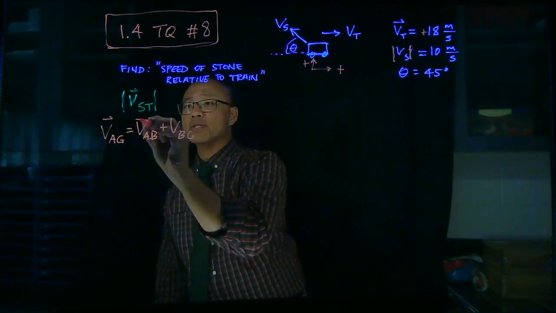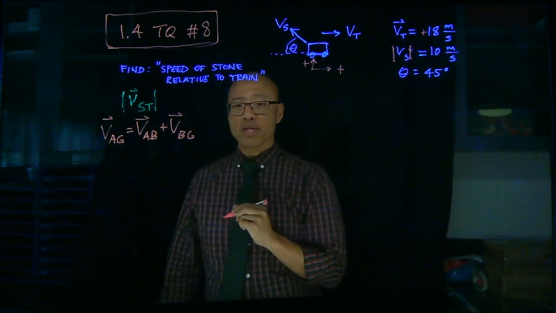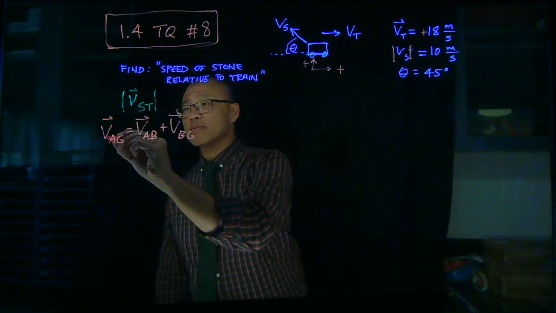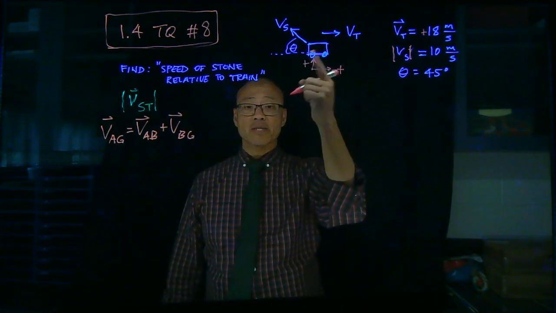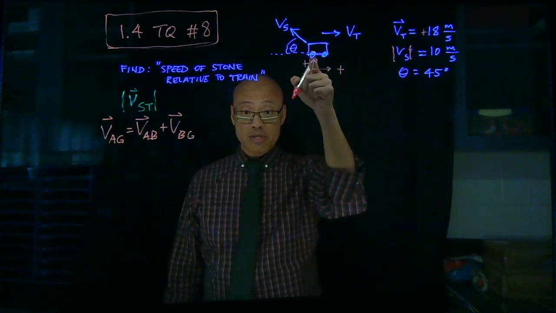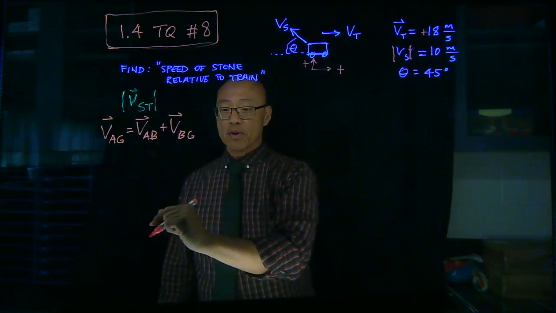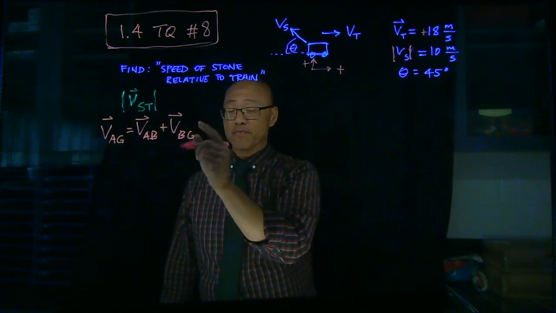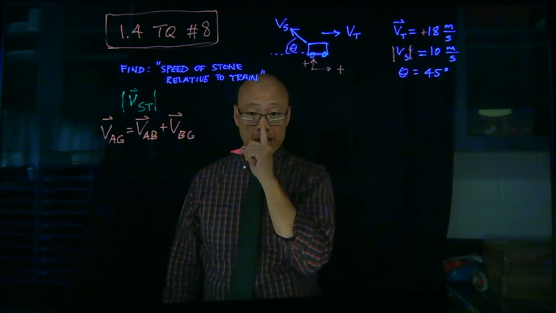These are vectors, which means we'll have to use vector math, because I've got something moving in two directions at once. In other words, Vs has components in the x and y. So I'm going to reinforce the idea that you've got to think vector math.